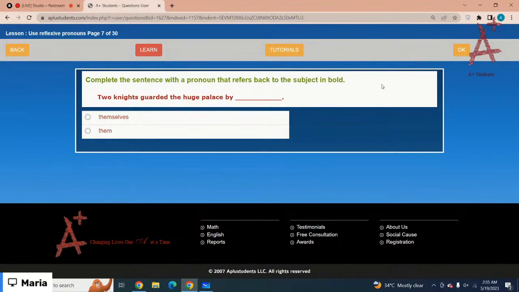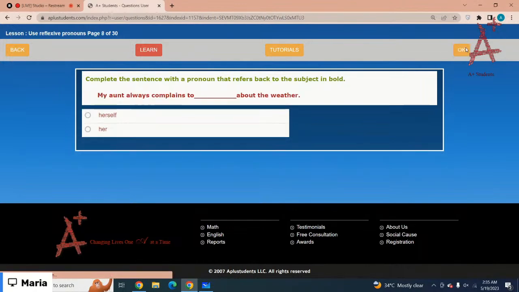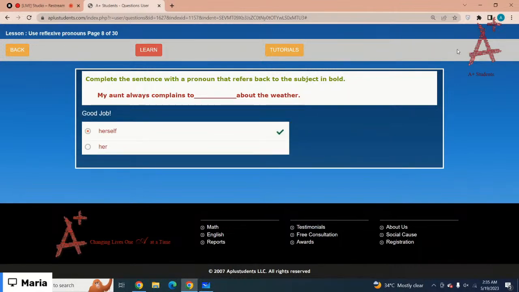The correct option is themselves. My aunt always complains to herself about the weather.